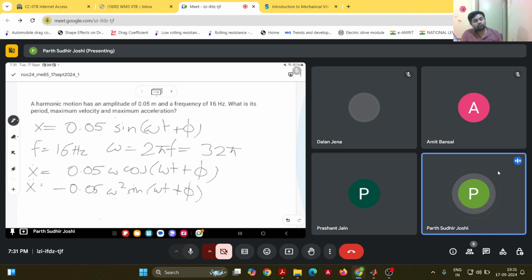Now the maximum velocity will be 0.05 into omega, and the maximum acceleration magnitude will be 0.05 omega square. Omega we know already that it is 32 pi. So that's how we can solve this problem. We need not solve it numerically. Conceptually, this is enough to discuss for now. Any questions?